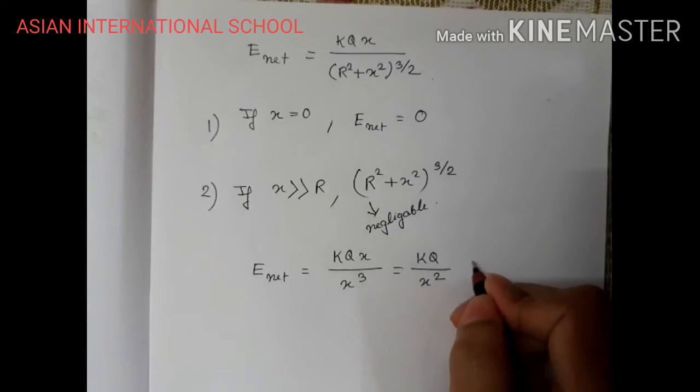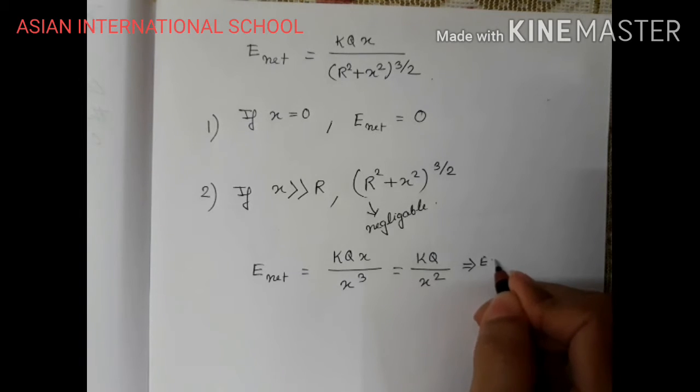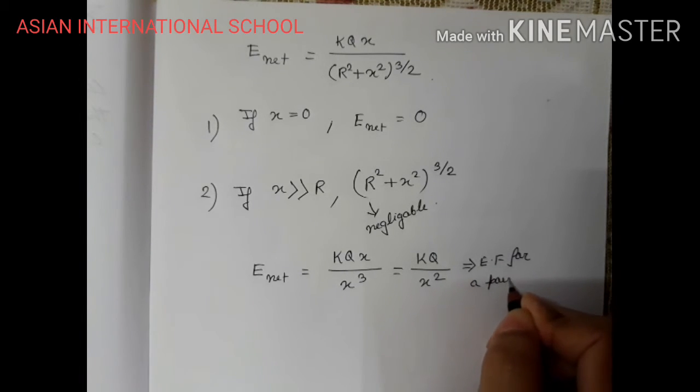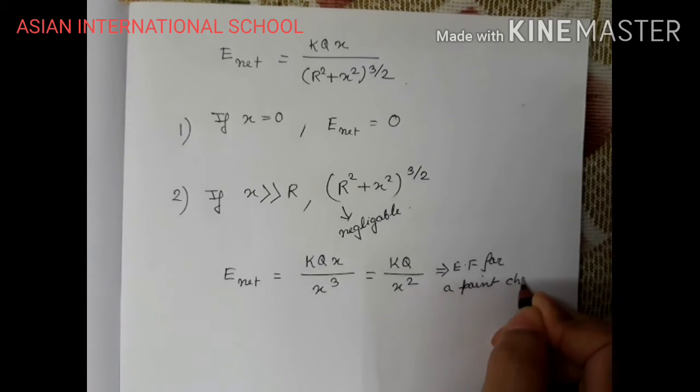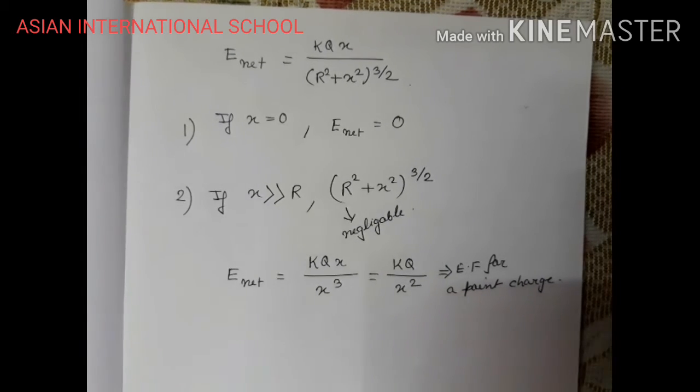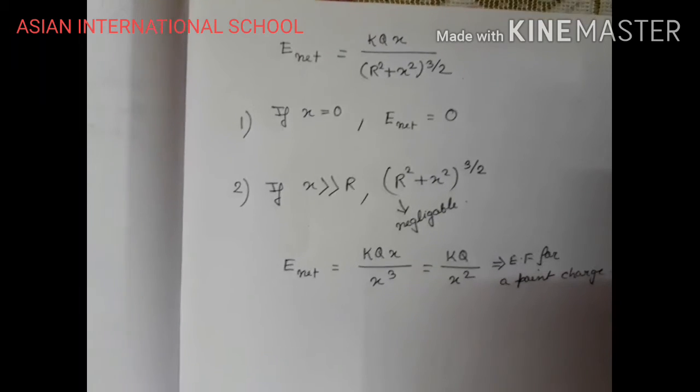This is the electric field for a point charge. So when I observe the ring from very far, it appears as a point charge.